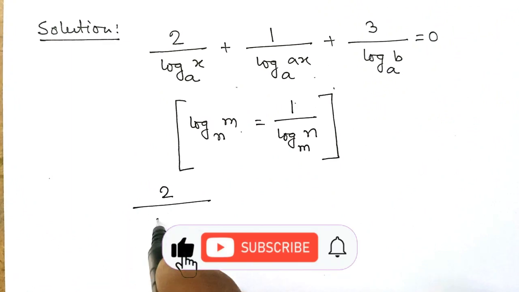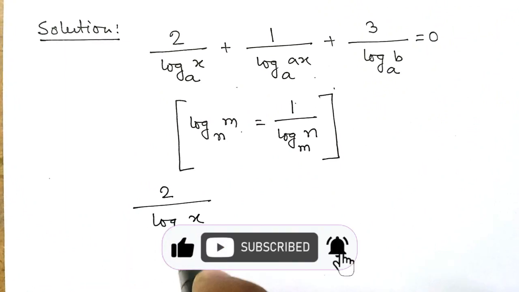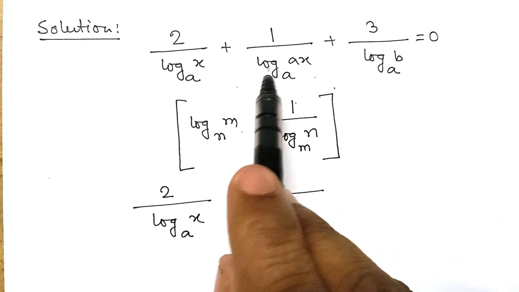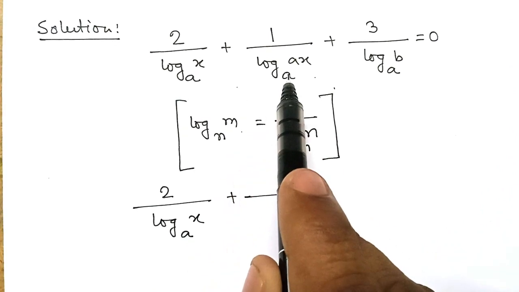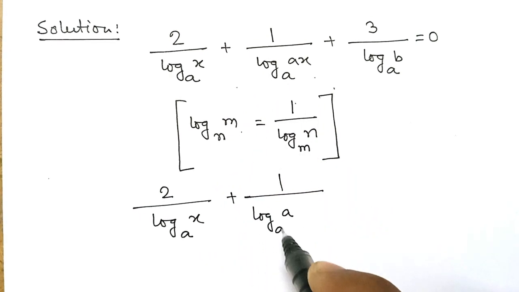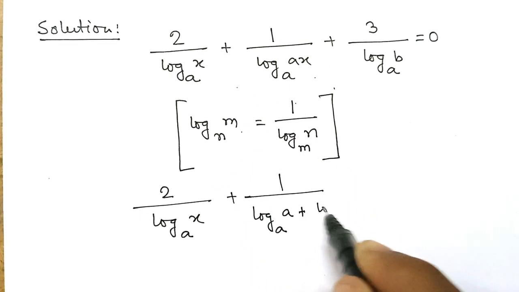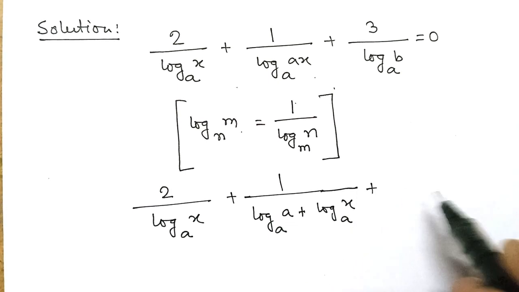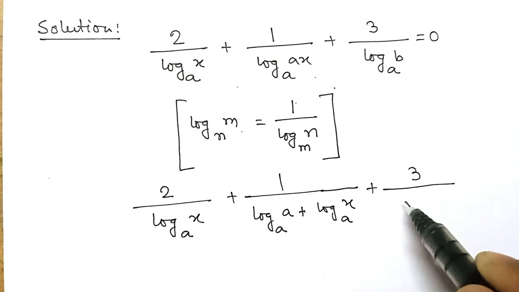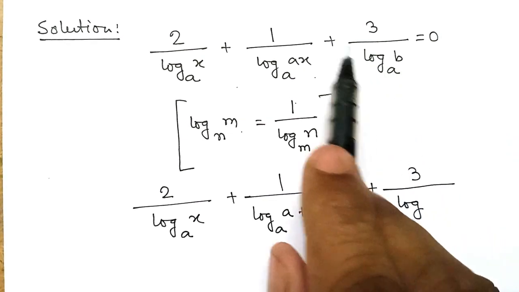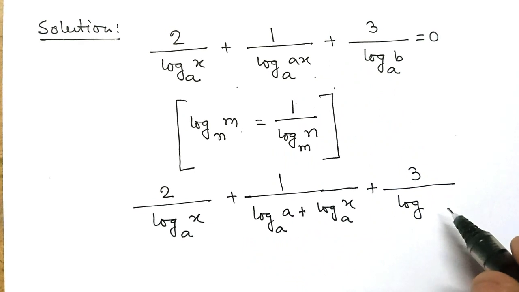We get that 2 divided by log x to the base a plus 1 by, now log of ax to the base a, we can write it as log of a to the base a plus log of x to the base a, plus now 3 divided by log of b, we can write a square x as it is given in the equation.